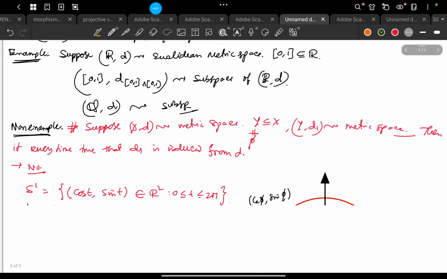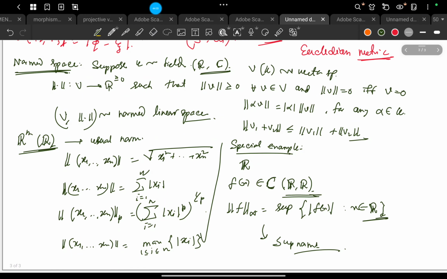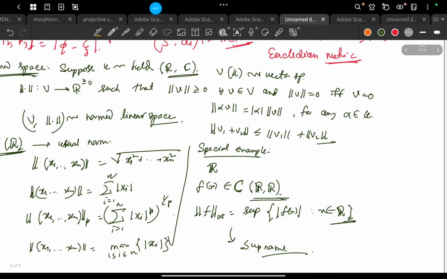So this is how one can define the norm space in this way, and based on the norm we can define a metric in the usual way. Suppose X is a normed linear space, or vector space, whatever. Then the distance between any two particular functions, that is d of x comma y, is norm of x minus y.